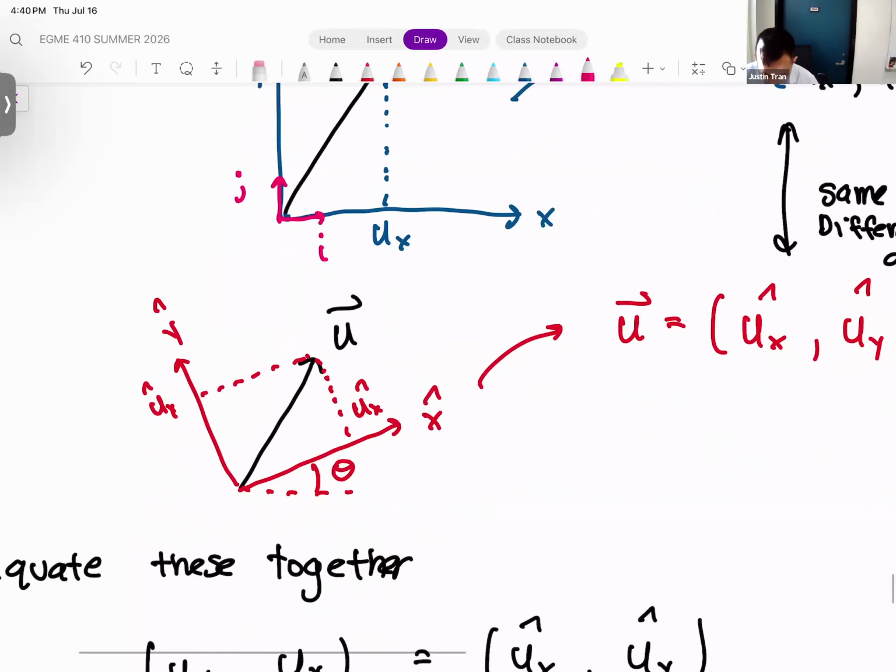And then i hat and j hat, I should not have chosen hot pink. Which is this one. So i hat is a unit vector that goes in the x hat direction. j hat is a vector that goes in the y hat direction. So that's all that is.